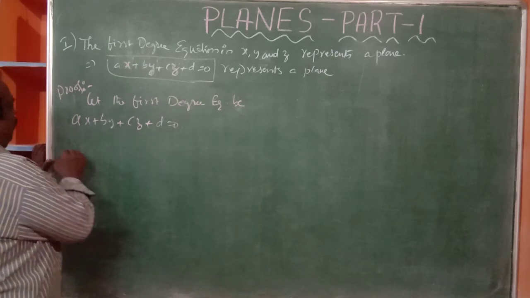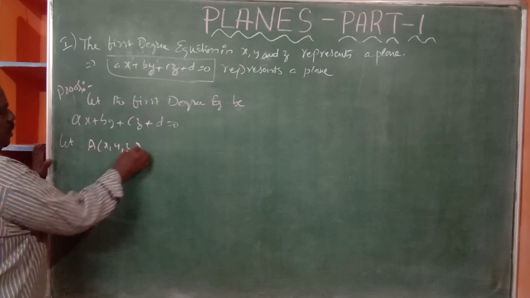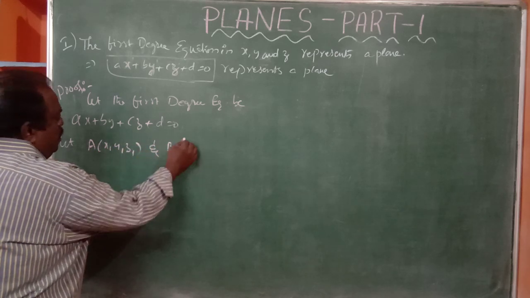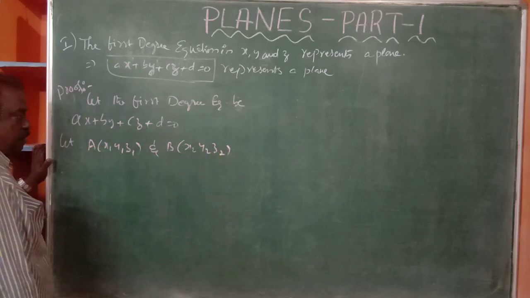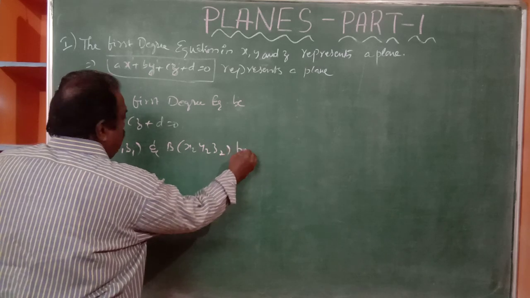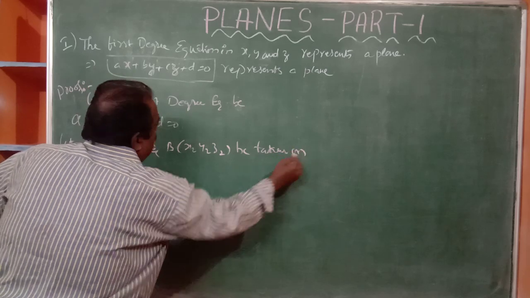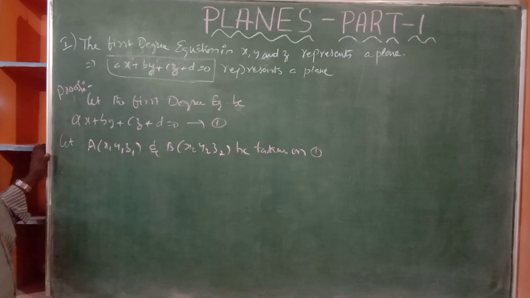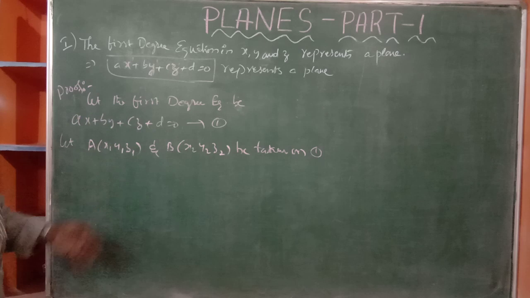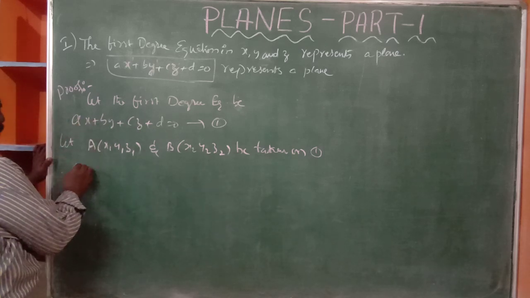You see, let A be (x1, y1, z1) and B be (x2, y2, z2), taken on the first degree equation, let it be equation 1. These 2 points I am taking on that one, just assuming. So that means they satisfy the equation.